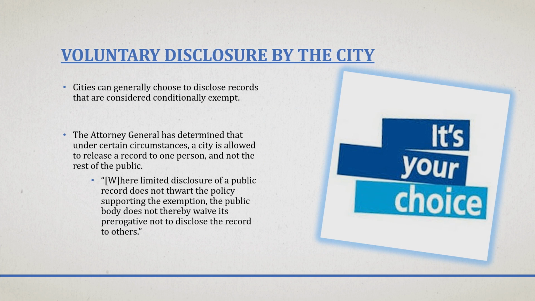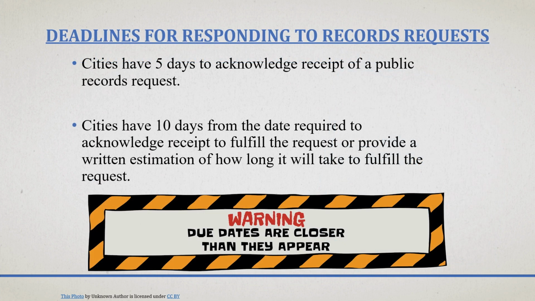Let's say there comes a case where you want to disclose that information. As a city official, you have the right to say, I am willing to disclose this record. And you can choose who you're disclosing it to. So you can say, I have the right to not disclose this record, but I'm going to voluntarily give it to person A and only person A. That is a right that you retain under the law.